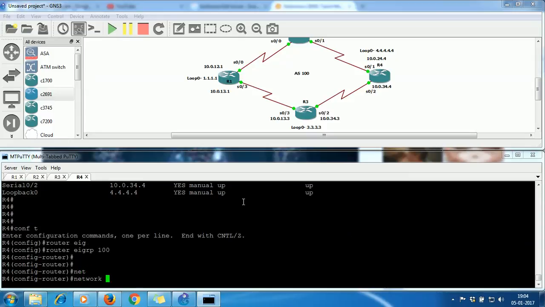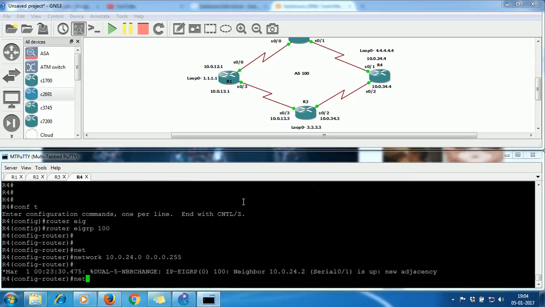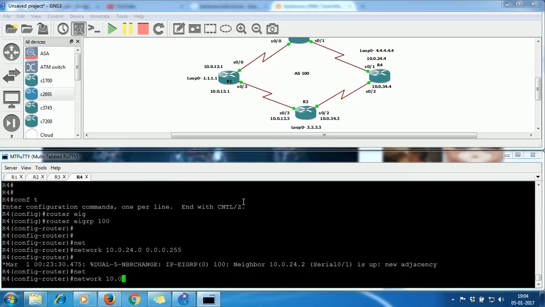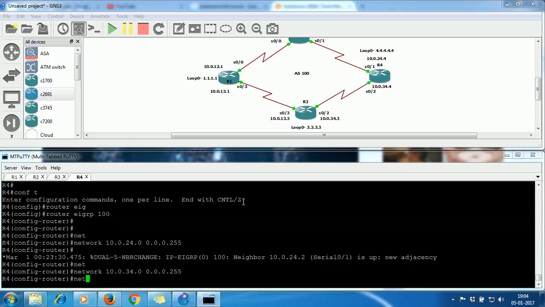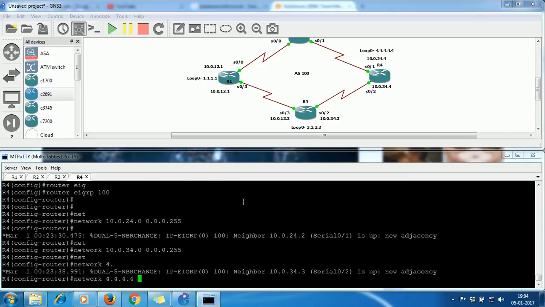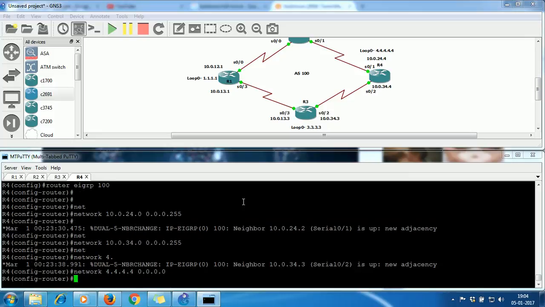Here I'm going to advertise all my networks including my loopback IP address. First it is 10.0.24.0, 0.0.0.255. Then network 10.0.34.0, 0.0.0.255. Network 4.4.4.4, 0.0.0.0.